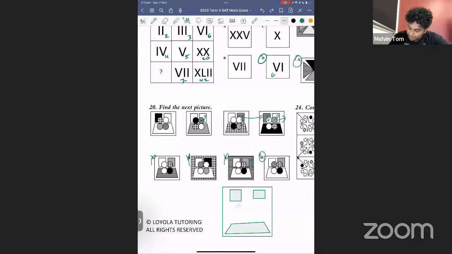Excuse me. All right. So here are my shapes.